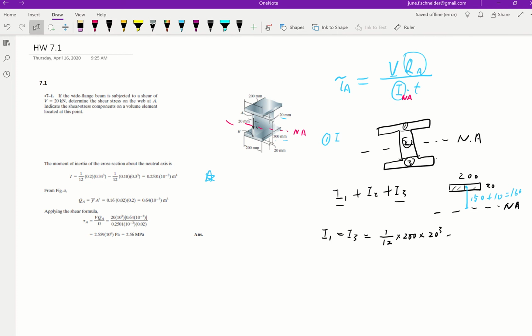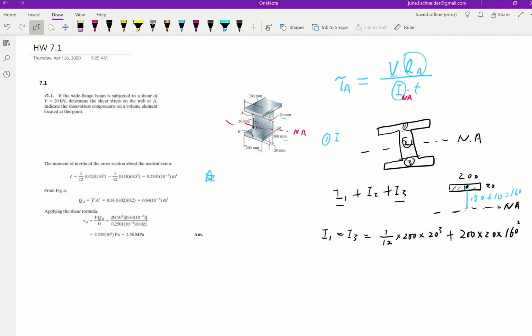And then we're going to use the parallel axis theorem. The shape area will be 200 times 20, then times the distance between this shape's own centroid and this new parallel axis, which is 160 squared. So that's something we need to do.